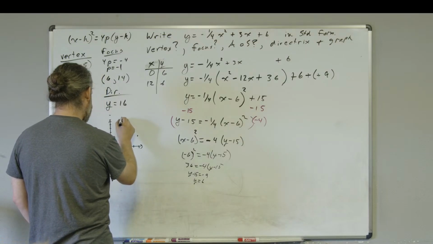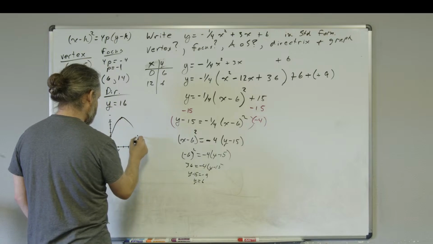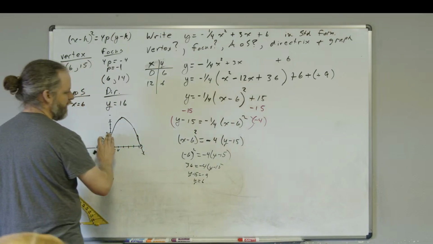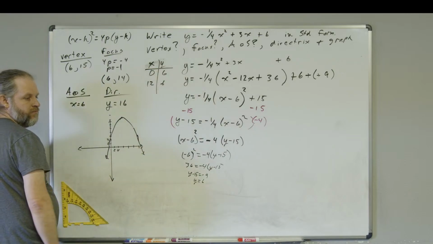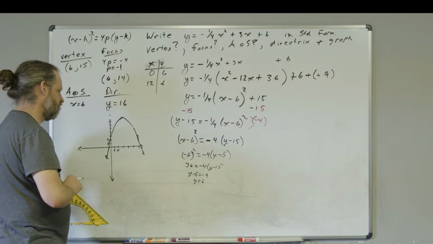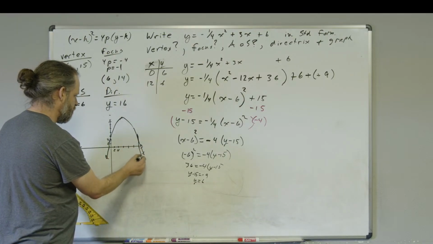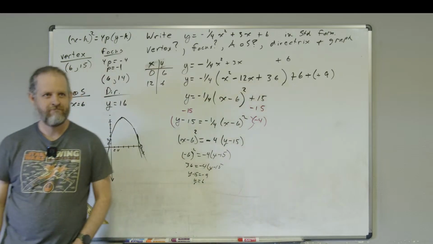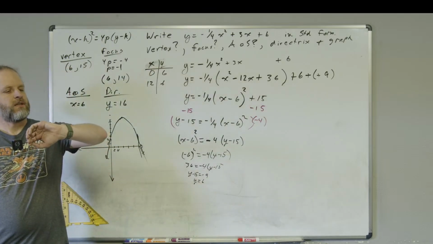So right there, connect the dots. Why is that at 12? Because that's the other side of the axis of symmetry. That's the graph. It's good enough.